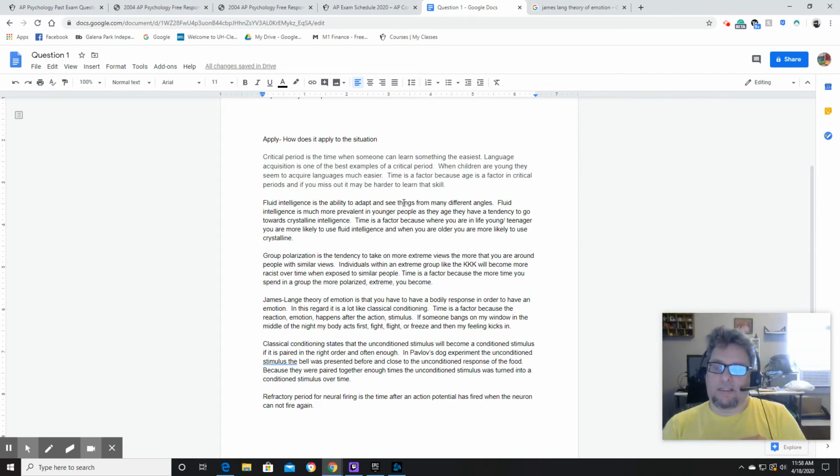Remember, when a neuron is going to send a message, it either fires or doesn't fire. If it fires, it's an action potential that's going to send a charge down the axon, which is going to tell it to release the neurotransmitters. So there's a time right after it fires that it can't fire again. We're talking split seconds here, but there is a refractory period where the neuron needs to reset.